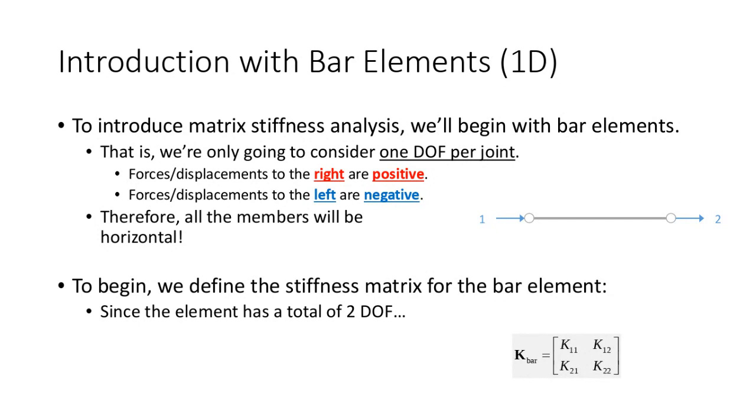For the problem I'm going to do, I want you to think in your head that all we're talking about is stuff moving to the left and right. I say here that all the members will be horizontal, and I know you're probably going to get upset because your homework will have members that aren't horizontal.